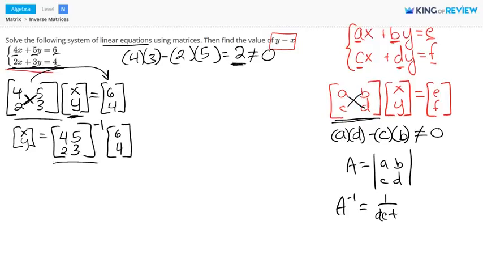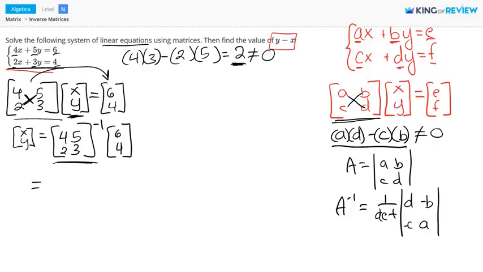You use this equation. So it's 1 over the determinant times the matrix that has the entries. A and D switch places, so we have d up here and a here, and then we take -b and -c. So let's figure out what the inverse of this is.